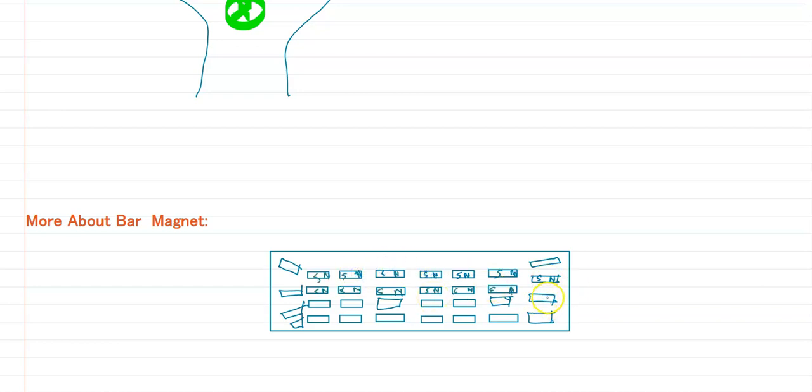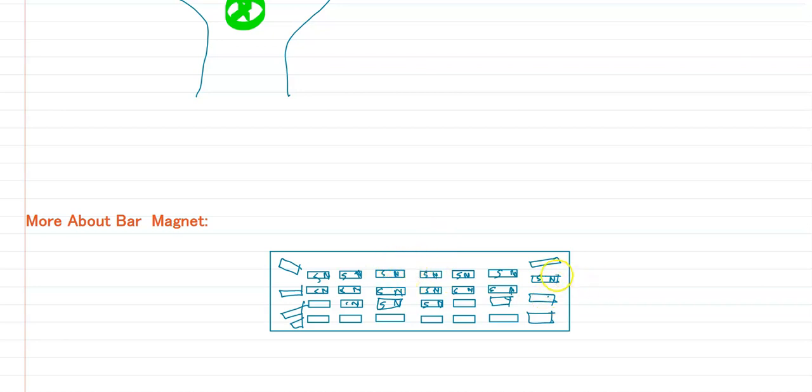In the middle region there are also north and south poles, and they are close together so that they cancel each other out. So the net magnetic field in the middle region is near about 0, not exactly 0 but near about 0.